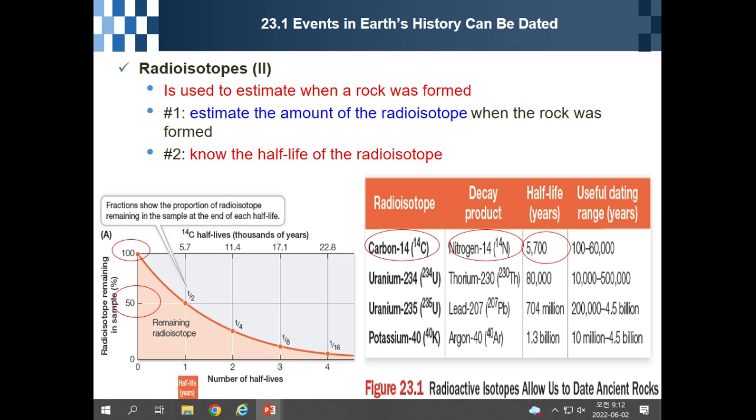So now our remaining amount is 50. It means that one half-life has passed, so 5,700 years have passed, based on carbon-14.